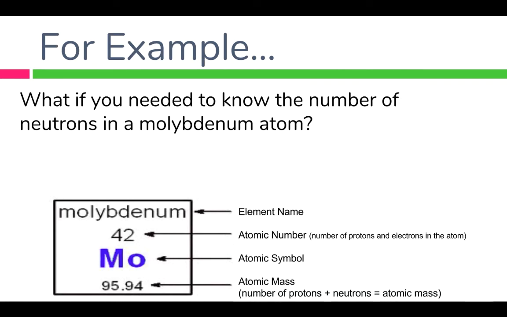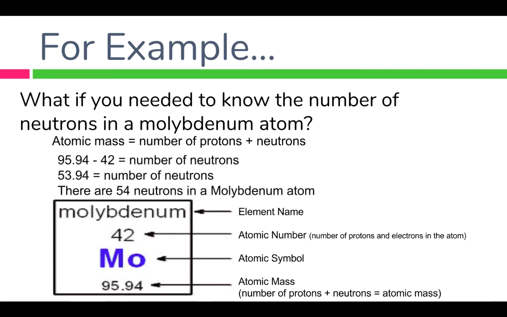So what if we did need to know just the number of neutrons? That information on its own was not present on the periodic table, but we can work it out quite easily. The atomic mass or the mass number is when you have the number of protons and neutrons added together. So just a little bit of simple maths. We can take the atomic mass minus the atomic number, and we're left with the number of neutrons.